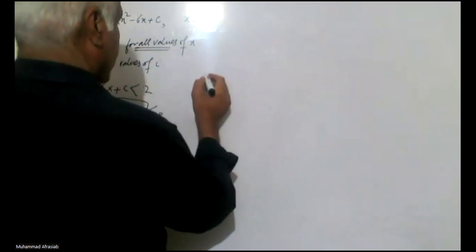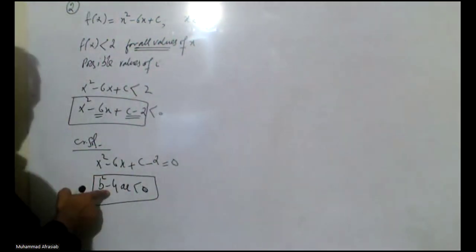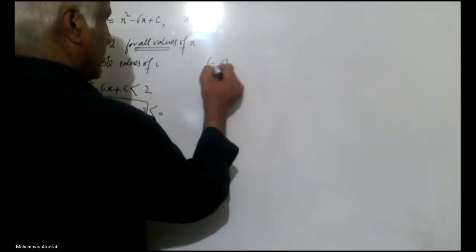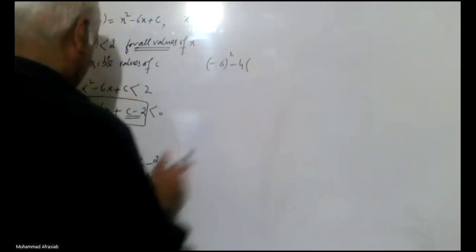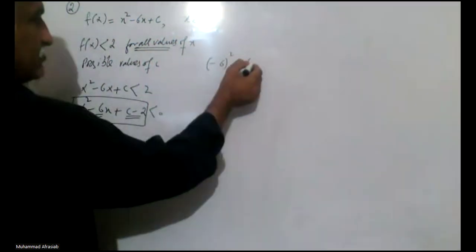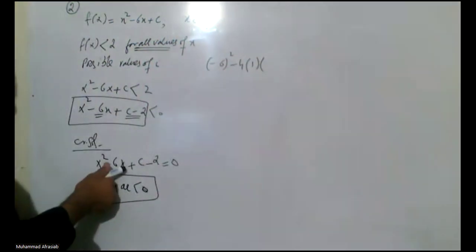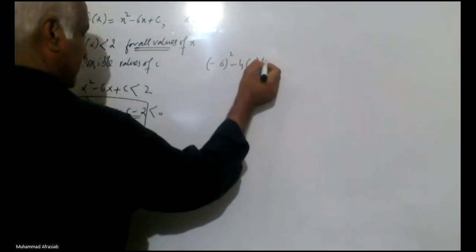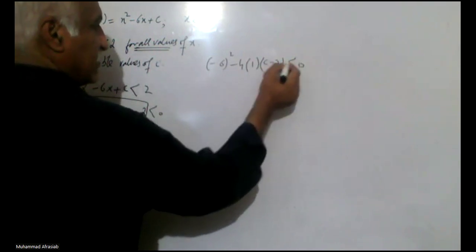So this will become minus 6 square minus 4, a is 1, and c value is c minus 2, is less than 0.